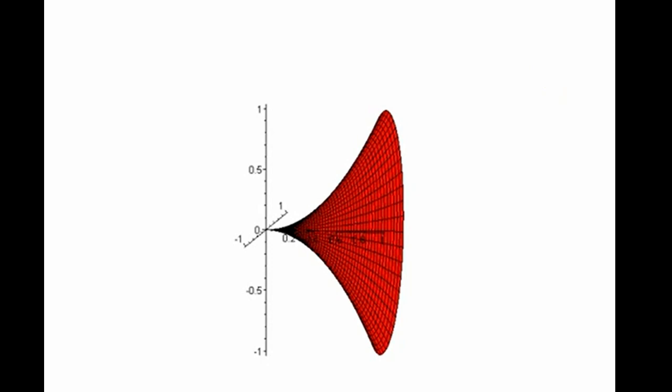The solid, I think now it's easy to imagine. The solid is actually the solid enclosed by the straight cone and the curved cone. The shape of the solid is like this.